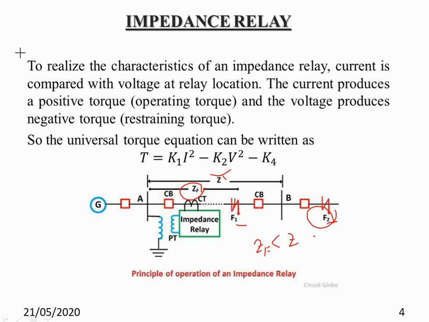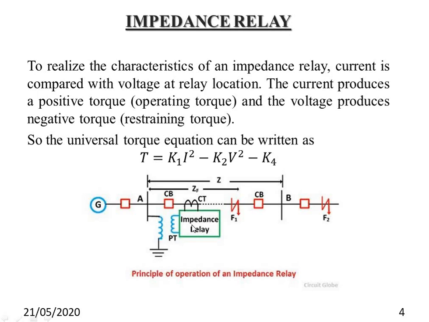So how basically is this impedance relay working? If any fault occurs within the particular zone of its operation, the relay will start to operate, and this type of relay checks the impedance.